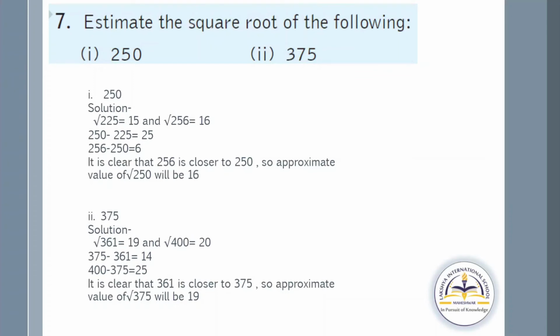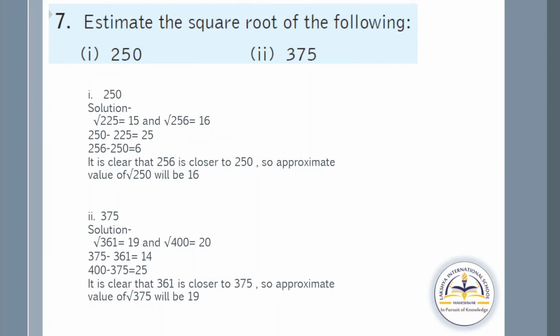Now 256 minus 250 equals 6. So it is clear that 256 is closer to 250. So the approximate value will be 16. In the previous question also I told you how to find the approximate value. In the same manner you have to solve this question.